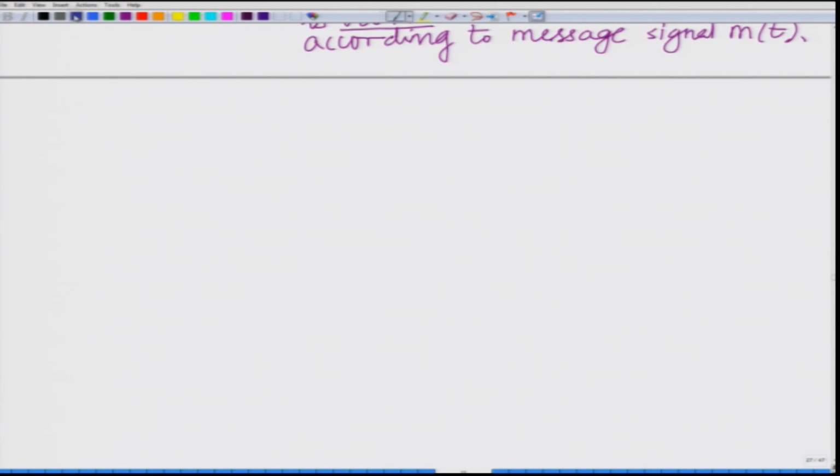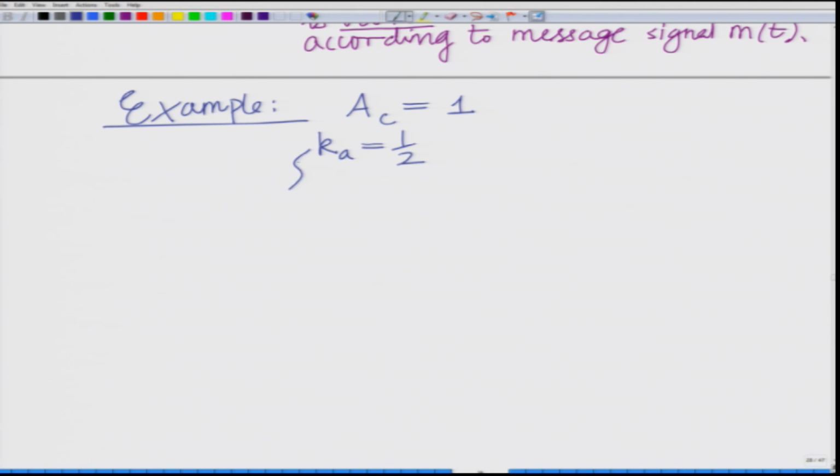To understand this, let us look at a simple example and describe it by a picture. Let us consider A_c, the amplitude of the carrier, to be 1. Remember, k_a is the sensitivity. Let us choose k_a equal to half, and f_m, the message frequency, equal to half.